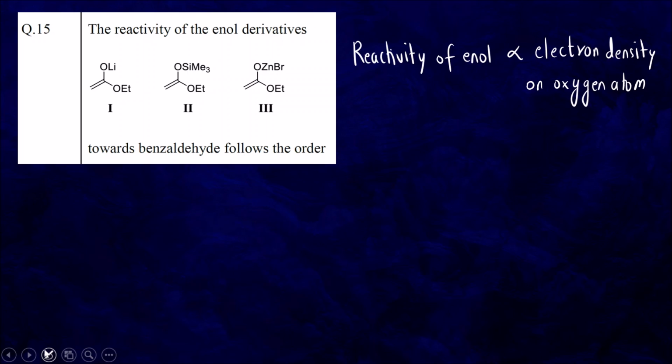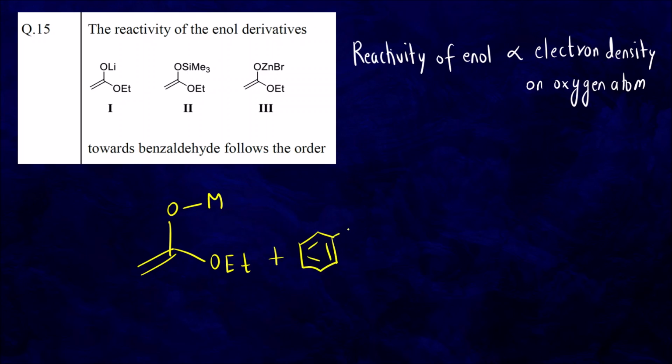Why? Suppose I write in general the enolate O and say this is the metal ion, OEt. This is going to react with the benzaldehyde. In benzaldehyde, we know the oxygen is delta minus, that is, it is more electronegative, so it will pull electron density towards itself. The carbon becomes electrophilic, and what happens?